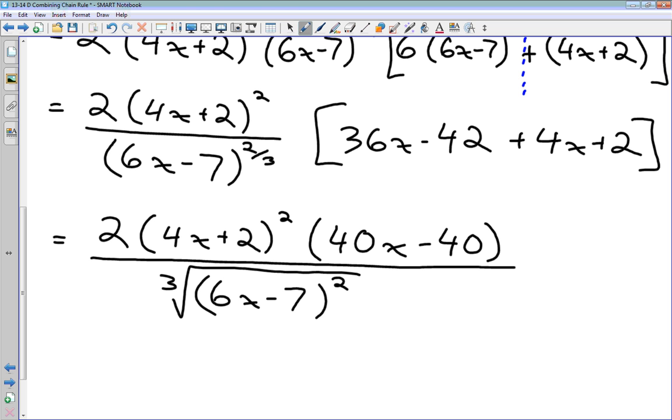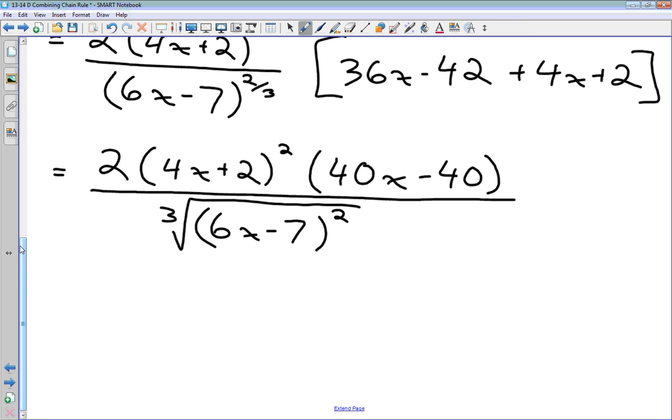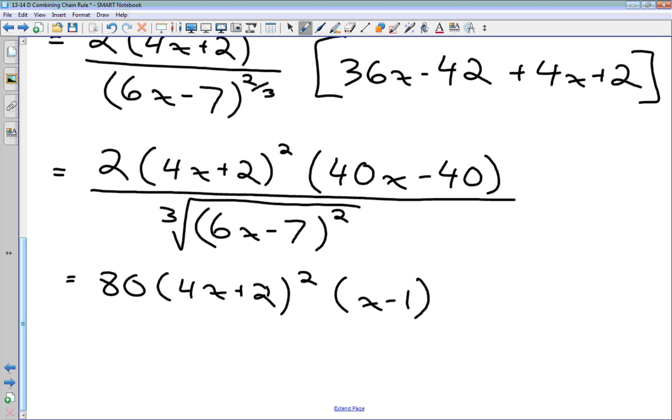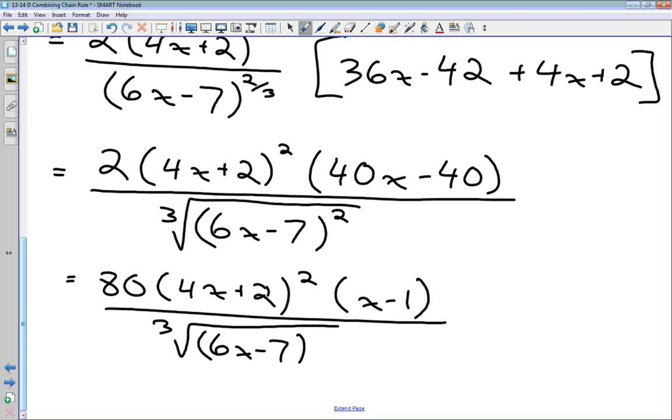And finally, it looks like I can factor out 40 from that second term in the numerator. So if I do that, I'll have 80 times 4x plus 2 squared times x minus 1, all divided by the cube root of 6x minus 7 squared.